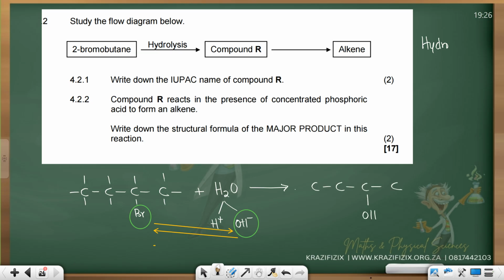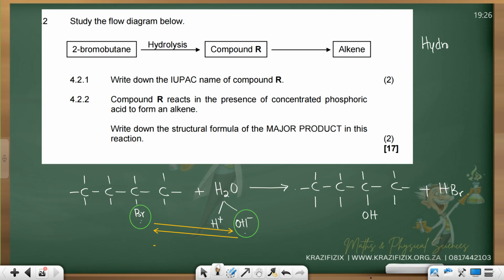Do you notice this becomes what? OH, which makes it an alcohol now. But plus what? Do you remember that OH is taking the place of Br, and Br is taking the place of OH? We have HBr. Does that make sense to you? Can you see we're just playing around?